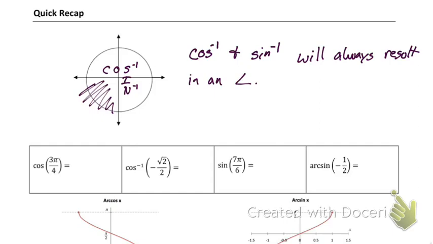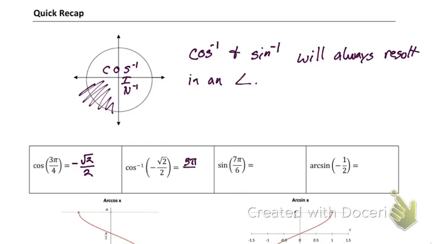Can someone give me the cosine of 3 pi over 4? Bree? Negative square root of 2 over 2. Yeah. Can someone give me the cosine inverse of negative square root of 2 over 2? It's 3 pi over 4.